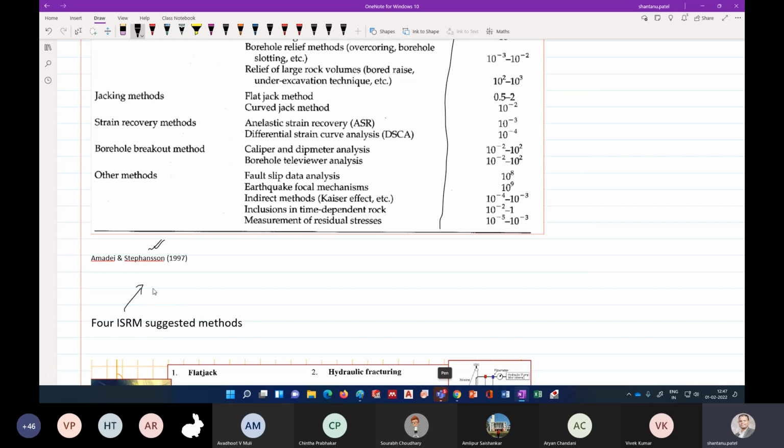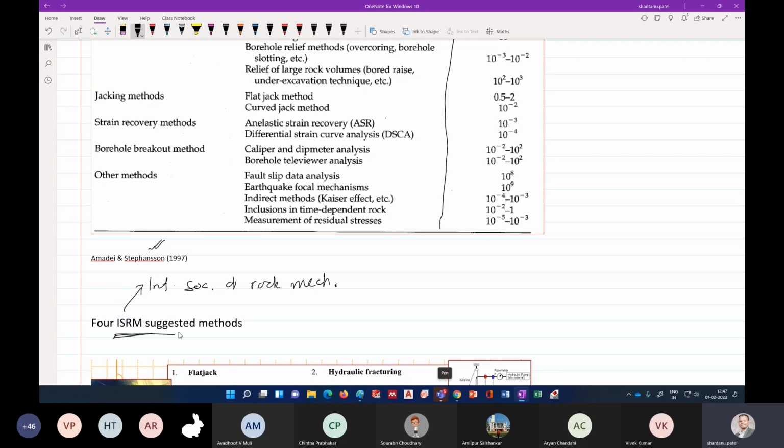It's called the International Society for Rock Mechanics. These guys recommend how tests should be done and what kind of tests should be done, and many things. If you work in the field of rock mechanics, you will know about this.